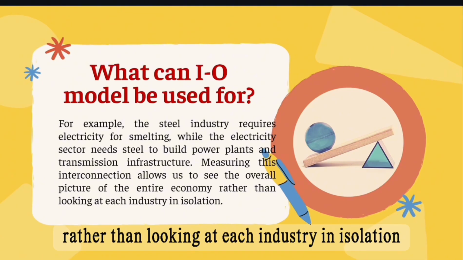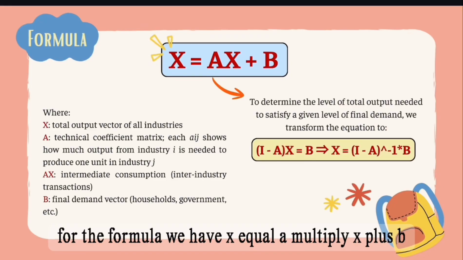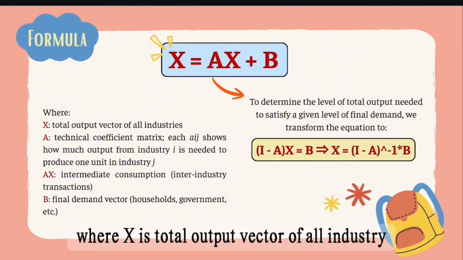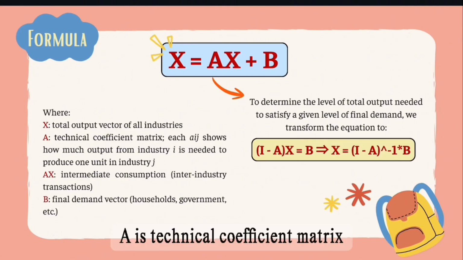each industry in isolation. For the formula, we have X equals A multiplied by X plus B, where X is the total output vector of all industries. A is the technical coefficient matrix.